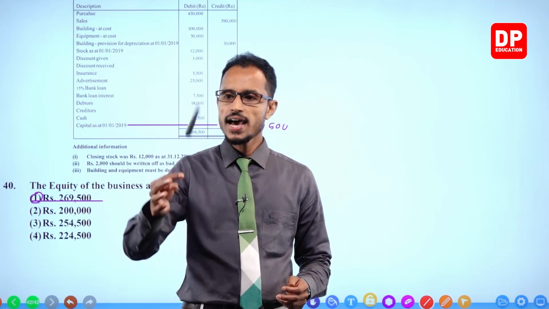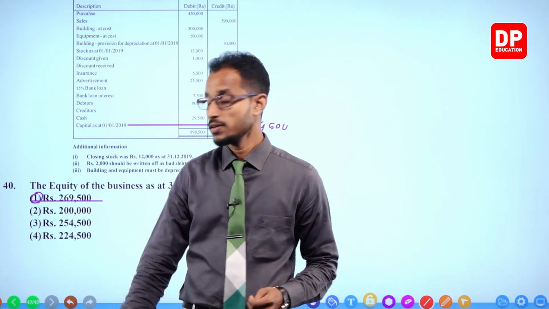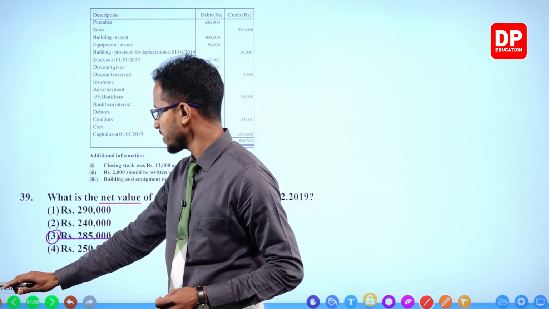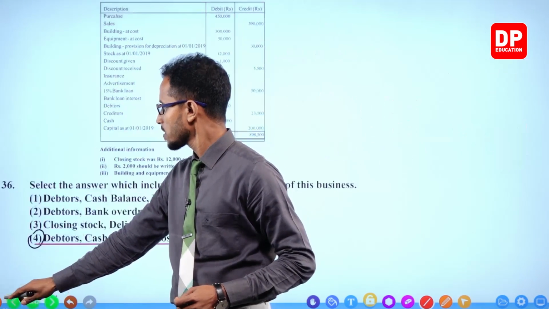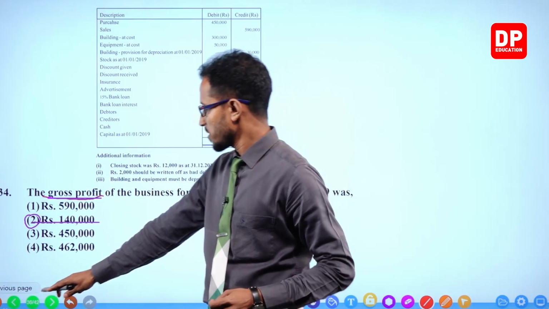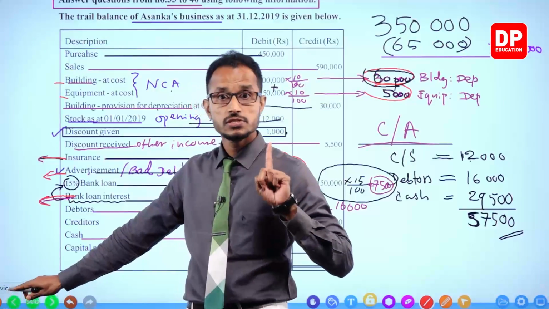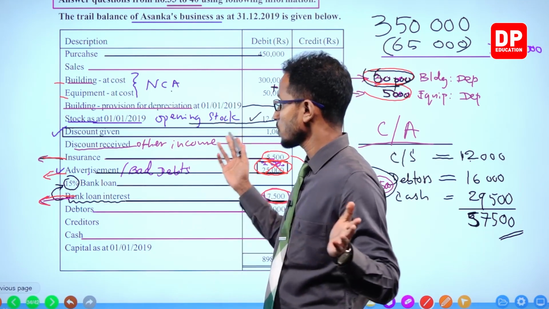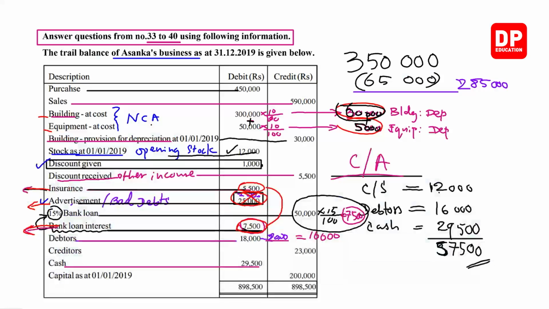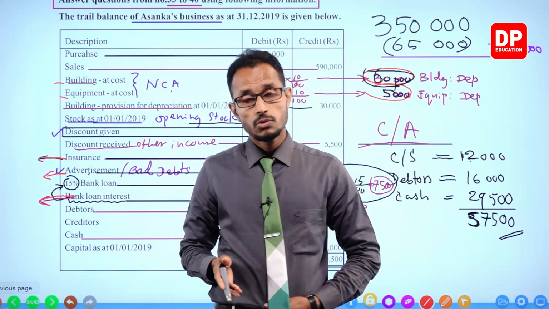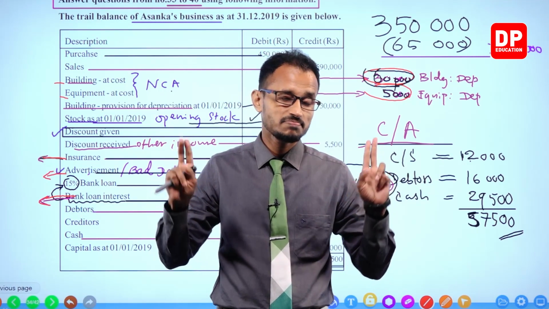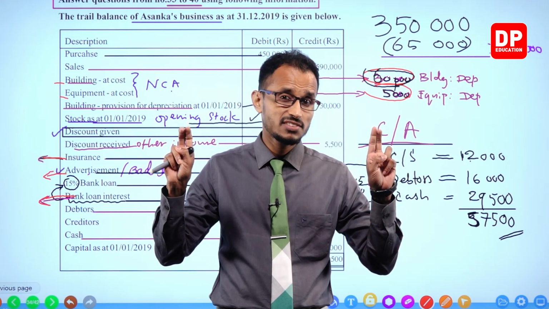Children, we are done with this paper, which is the 2020 Western Province third term paper. The last questions are finished up to the 40th one. These are the questions which come from financial statements of a business. People say that these are difficult.